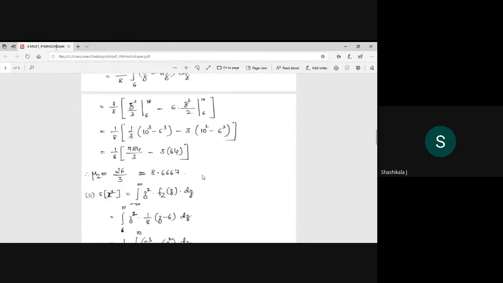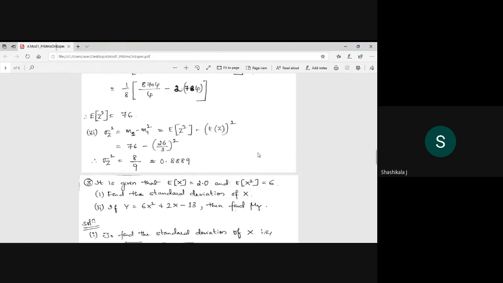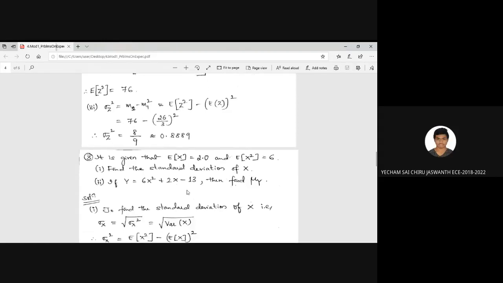Next, E of x is given and E of x square is given as 6. Directly they are given. Find the standard deviation of x. So how will you calculate? E of x is 2.